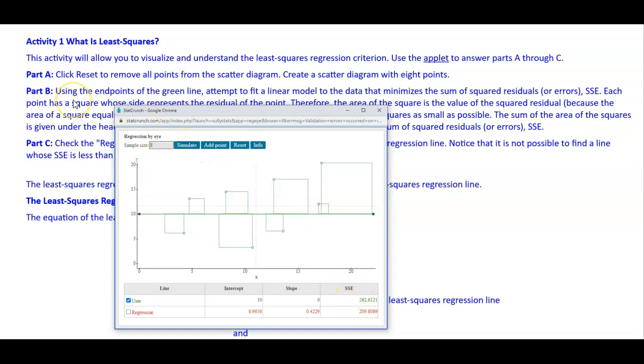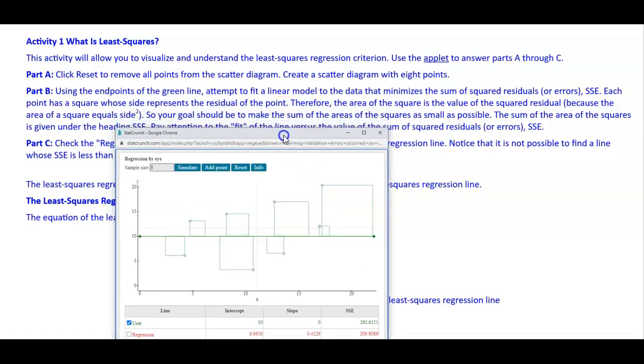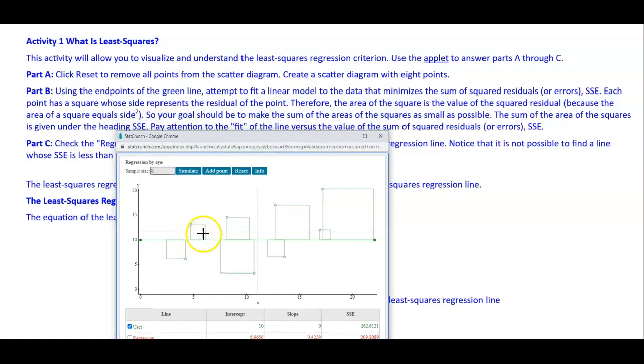Now, in part B, it's saying use the endpoints of the green line and attempt to fit a linear model to the data that minimizes the sum of the squared residuals or errors, which is SSE, which is this column over here. Now, if you notice, each point has a square whose side represents the residual of the point.